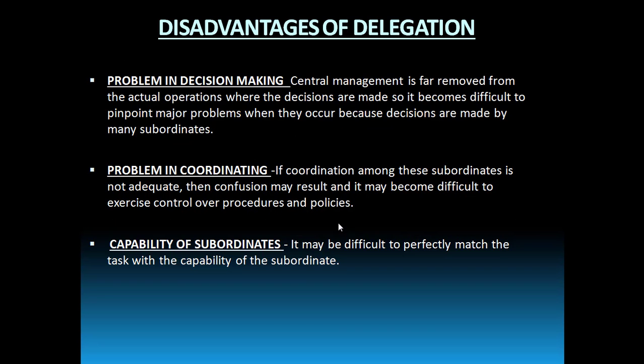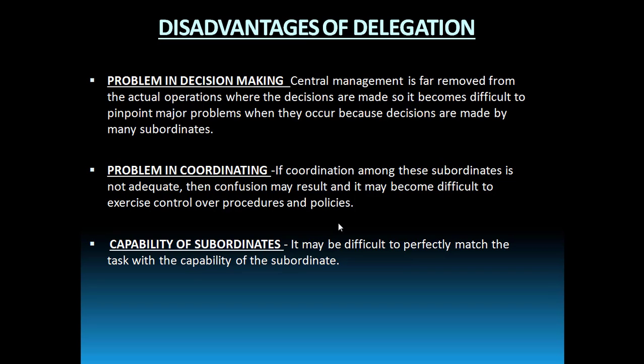Right? Now the disadvantages. The first problem is in decision making. See, the central management here is far removed from the actual operation where the decisions are made, because the subordinates are taking the decision. The managers themselves are not directly involved in the part of the work which they assigned to the subordinates, right? Because the manager has delegated the authority, the subordinates are taking the decisions.